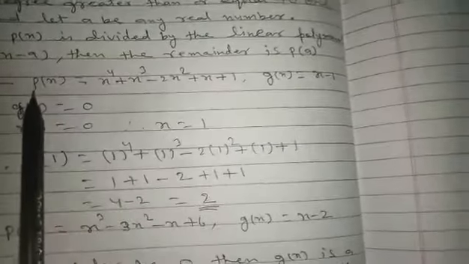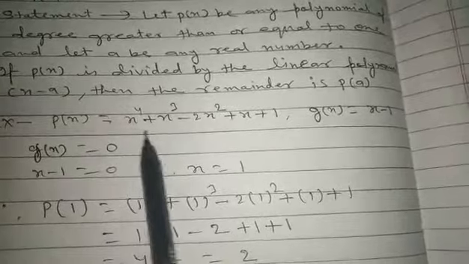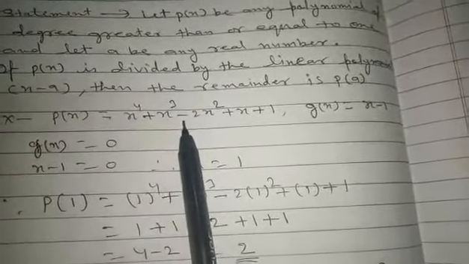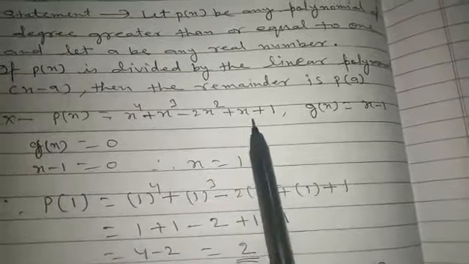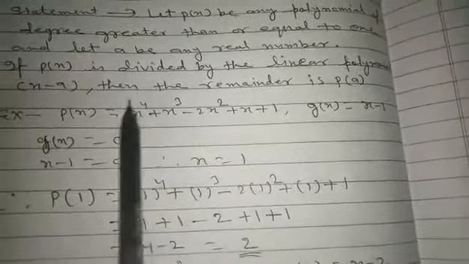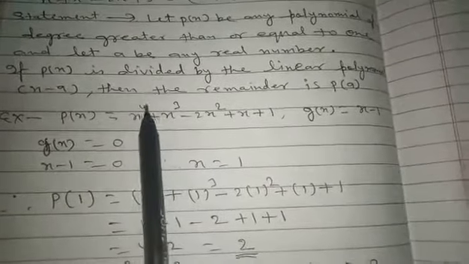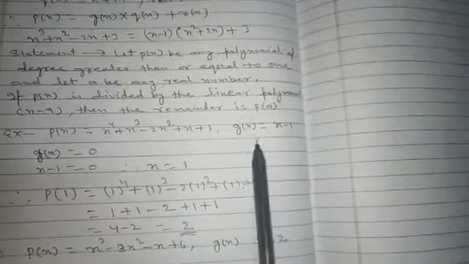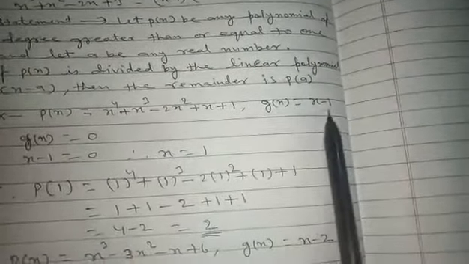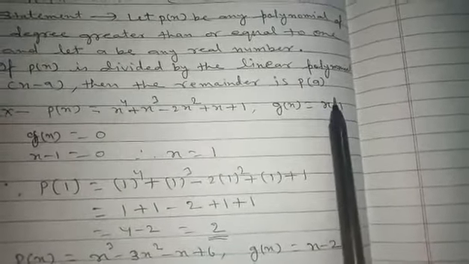As an example, you see here, P(x) is equal to x to the power 4 plus x cube minus 2x square plus x plus 1. This is a biquadratic polynomial. Its degree is 4. And g(x), the divisor, is x minus 1. Its degree is 1.